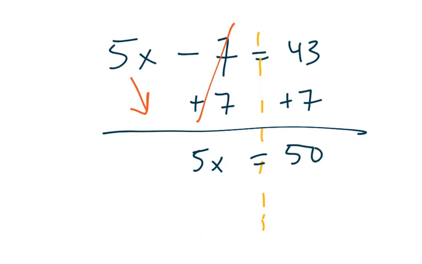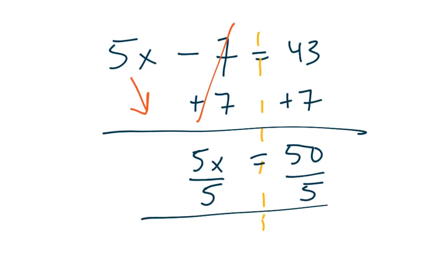Now what's happening to x right now is it's being multiplied by 5. So the inverse or opposite is to divide by 5. Divide by 5 on both sides. Big line. This becomes 1x, and remember we just write x equals, and 50 divided by 5 is 10.